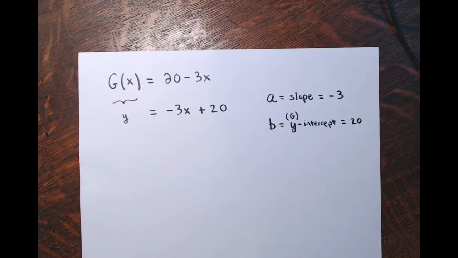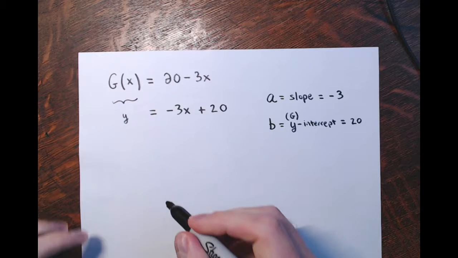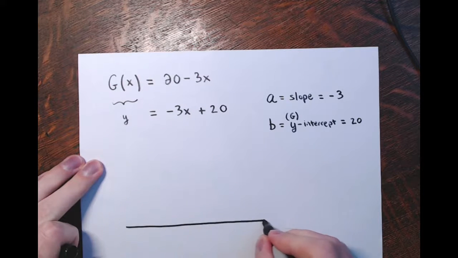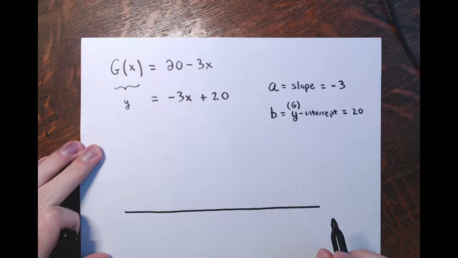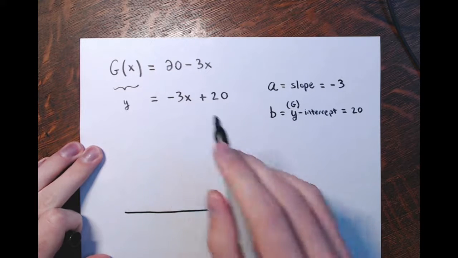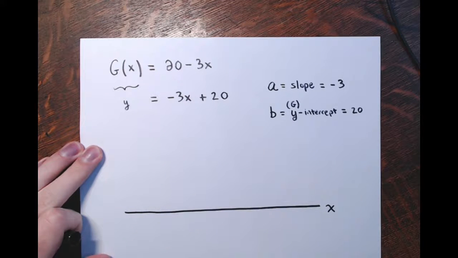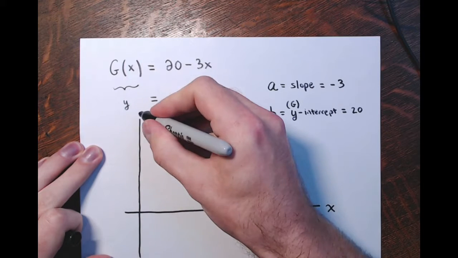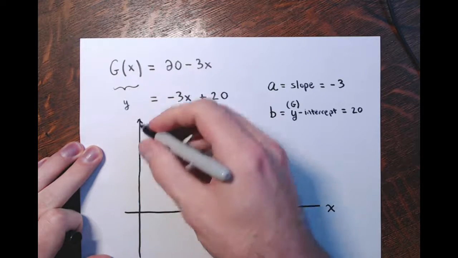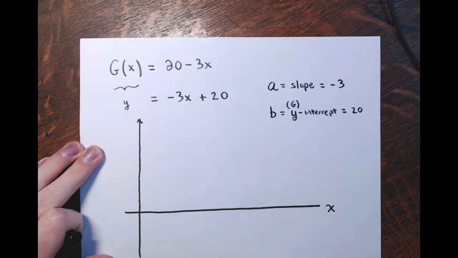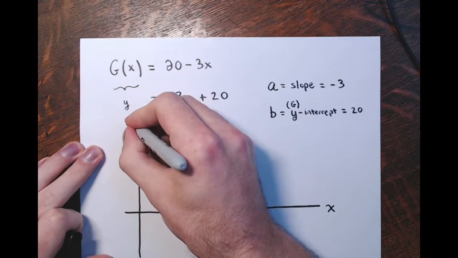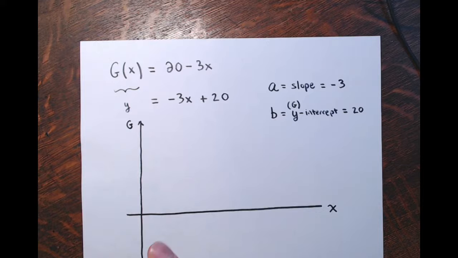So if I make a set of axes, we have a horizontal axis which will represent possible values of the independent variable, so possible values of x, and then a vertical axis which will have possible values of the dependent variable, or the response variable, which is g, or y if you wanted to call it that.